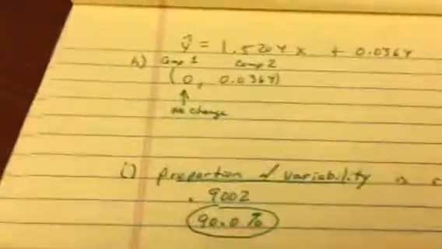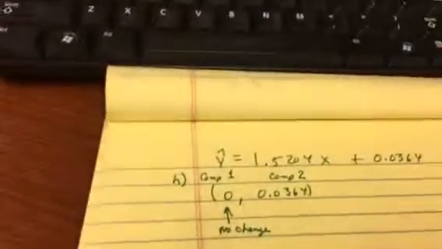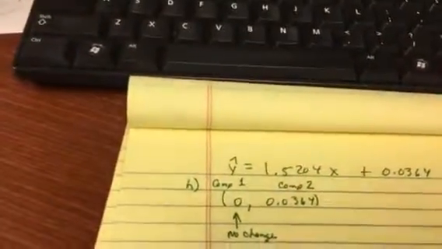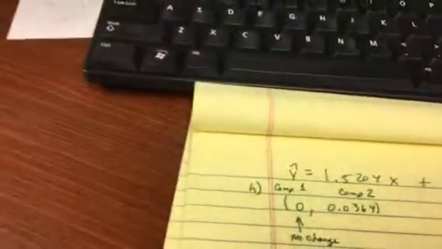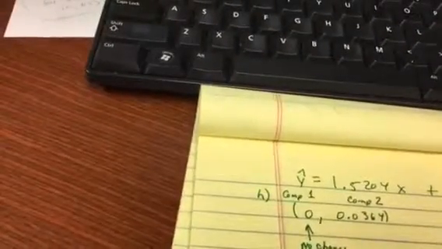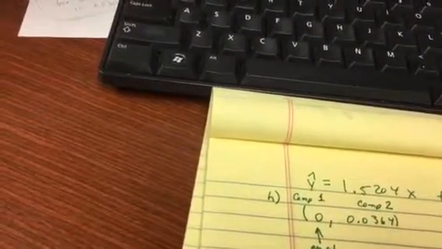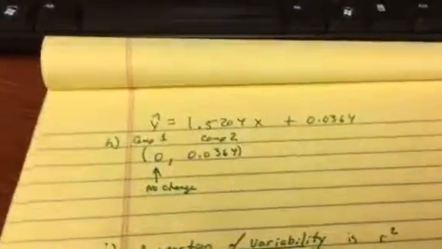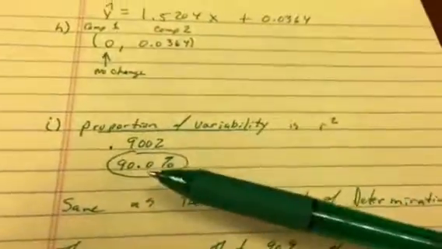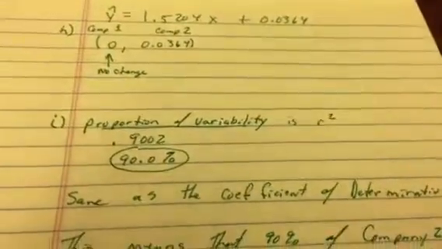Now, if you go back, remember the y, your response variable. Y is your response variable. This tells you what percent of y can be explained by x. So here, I wrote it out.